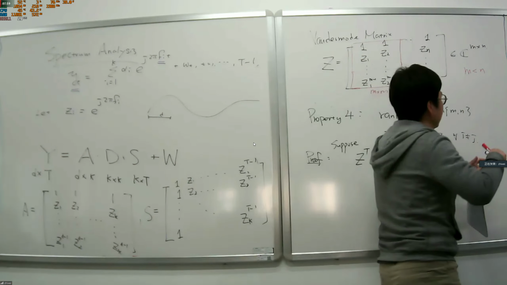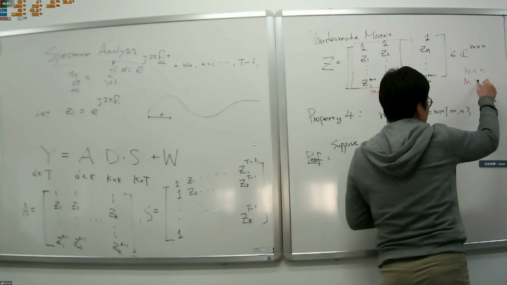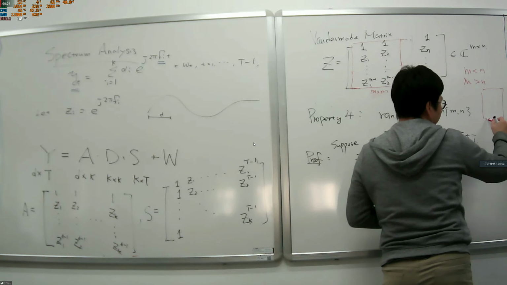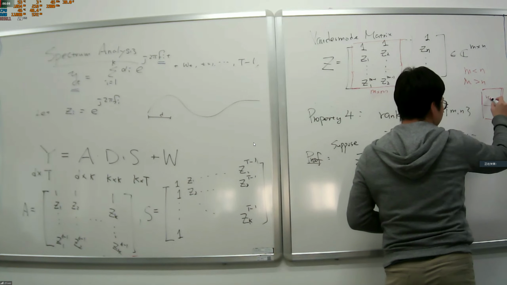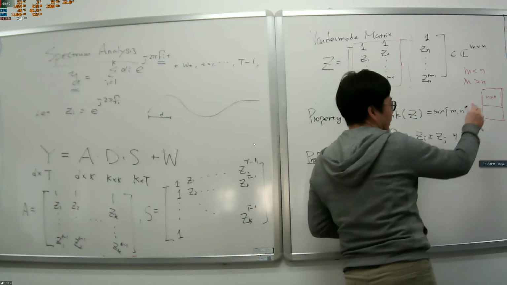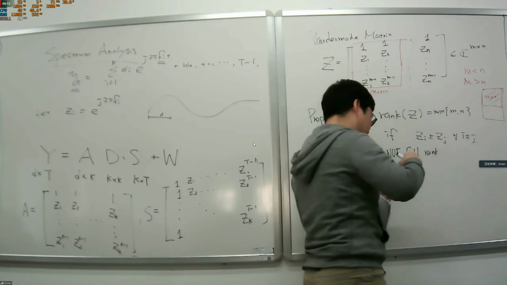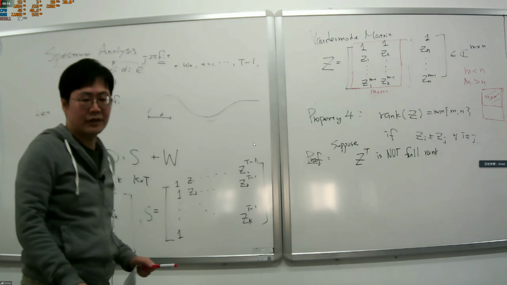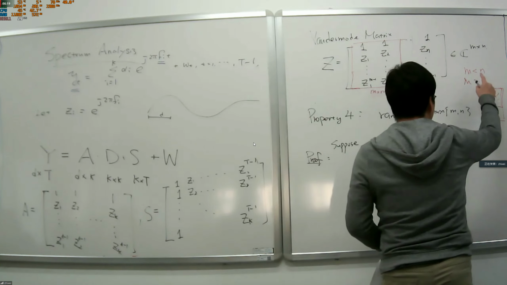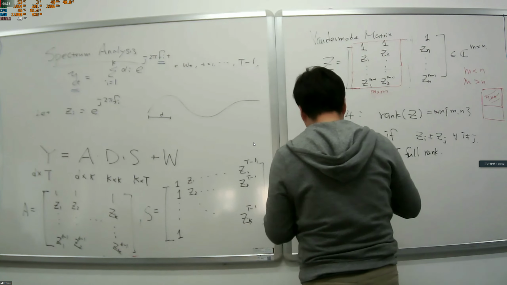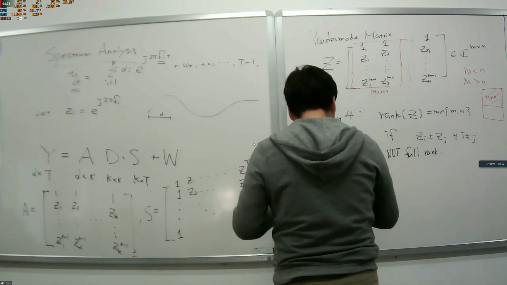In the other case, if m is larger than n, then Z is a whole matrix, and again we can check this n by n submatrix. If it is full rank, then the whole matrix is full rank. So it's sufficient to check a k by k square submatrix.